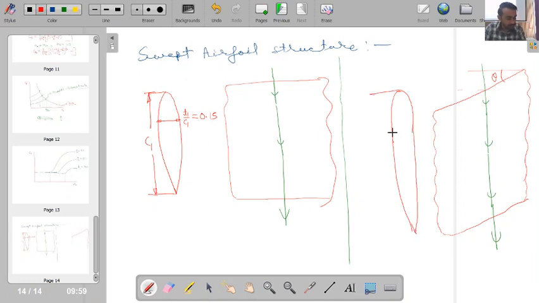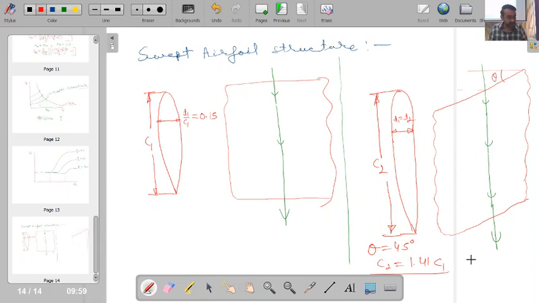Because we are not changing the thickness of the aerofoil, T1 is equal to T2, but we have just changed the angle. So the new chord length C2 will be larger in comparison to C1. With this angle relation, if theta is equal to 45 degrees, then C2 will be 1.41 times C1.